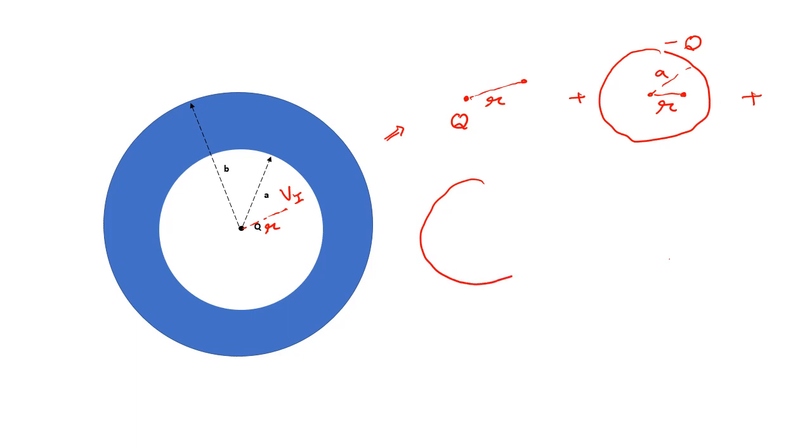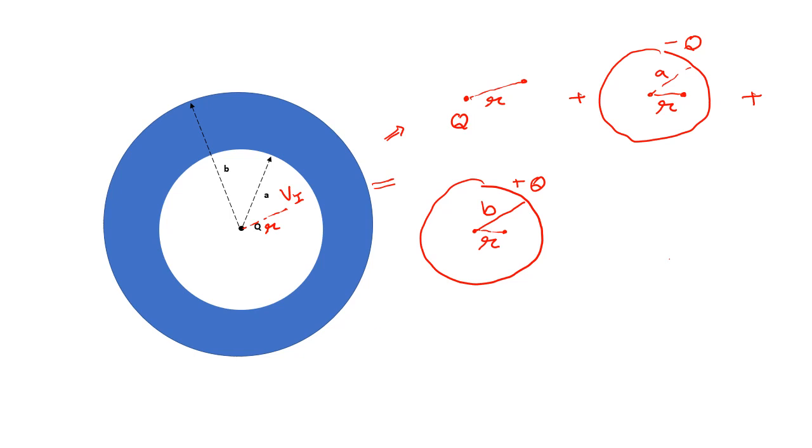What I can do is see that this problem consists of a charge q, distance r away, plus a problem of charge minus q, and I want to go to a point r away, plus a problem of charge plus q sitting at B, and I want to go some r away. We can break this problem into the sum of these two problems.